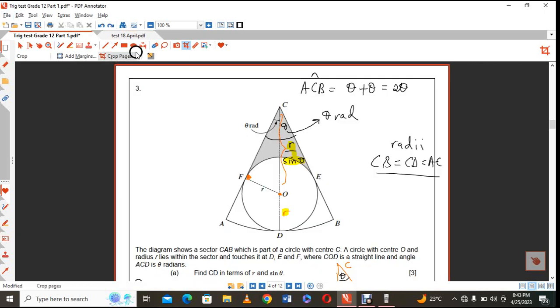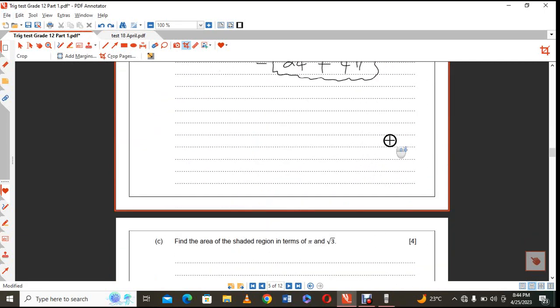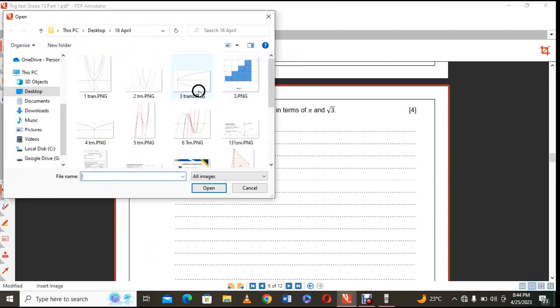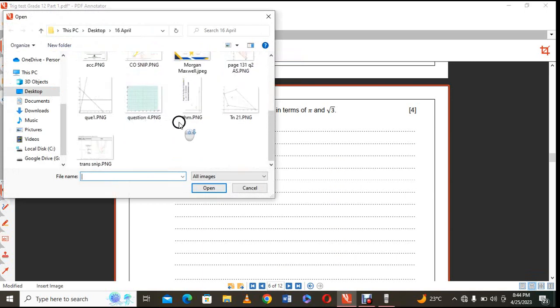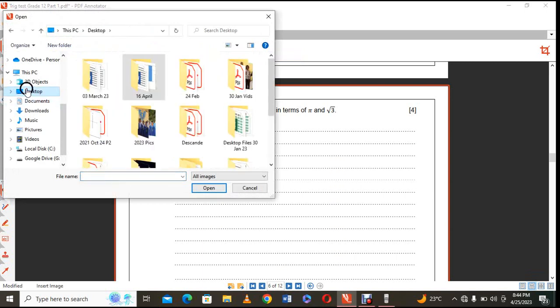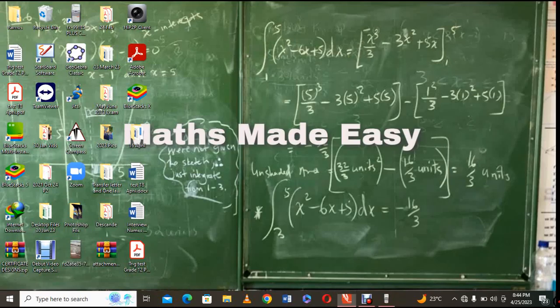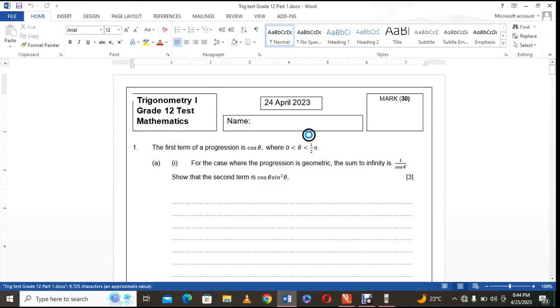Just bear with me. Technology. Okay. We're going to insert an image. The image that we're going to insert, see from our desktop. I'm going to go to the test. Yeah.